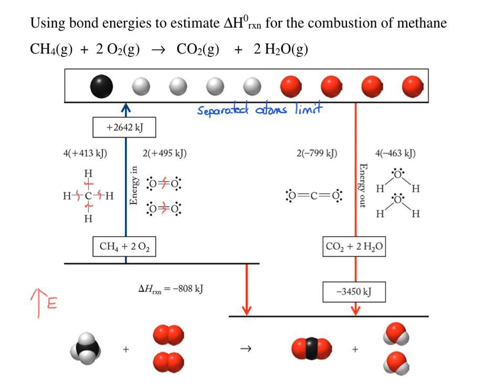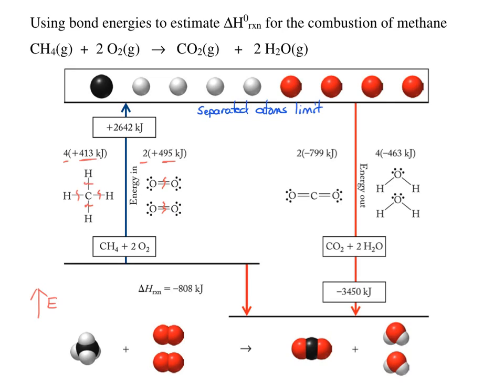Bond breaking is endothermic. It requires energy, so the separated atoms limit is at a higher energy than the reactants. We put in energy, roughly about 4 times the average energy of a carbon-hydrogen bond, plus 2 times the average energy of an oxygen-oxygen double bond.